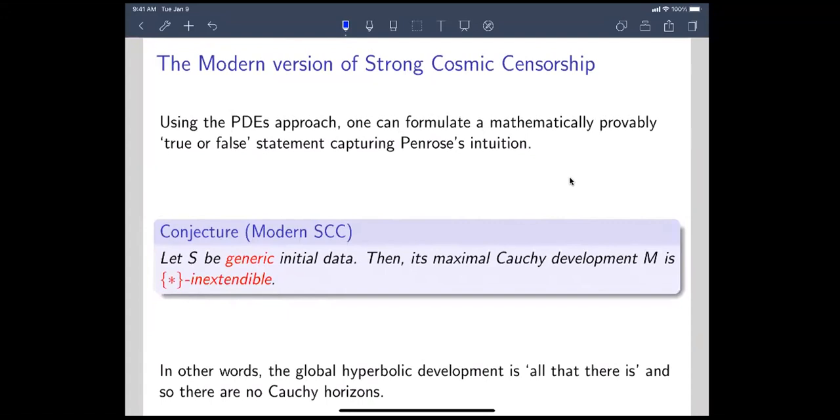If you had generic initial data, which means absent of symmetries, absent of fine-tuning, and so on and so forth, then the maximal Cauchy development, so that which you can recover uniquely from the Einstein equations on the basis of the initial data, should be star inextendable. Why do I write star inextendable?